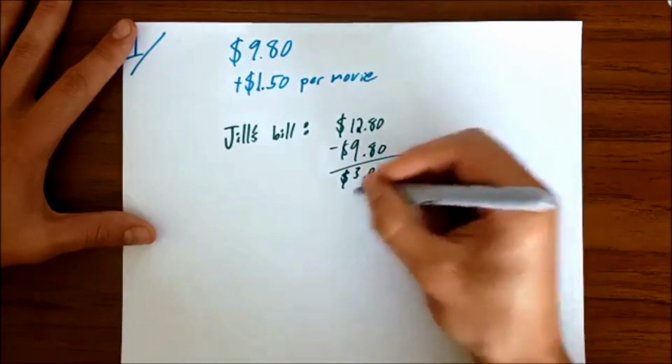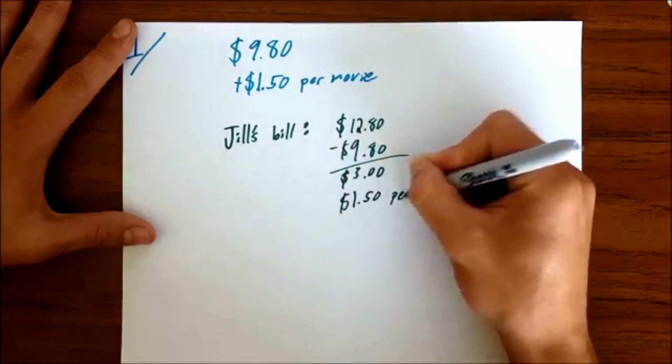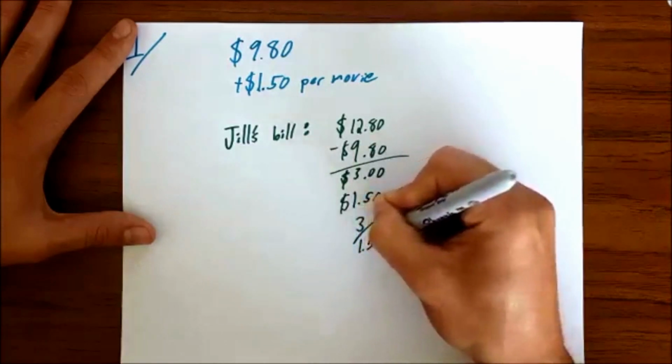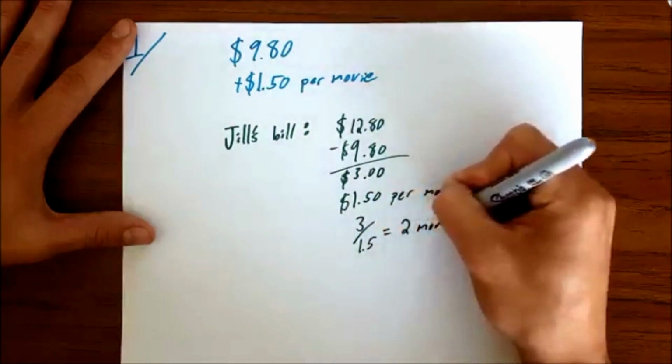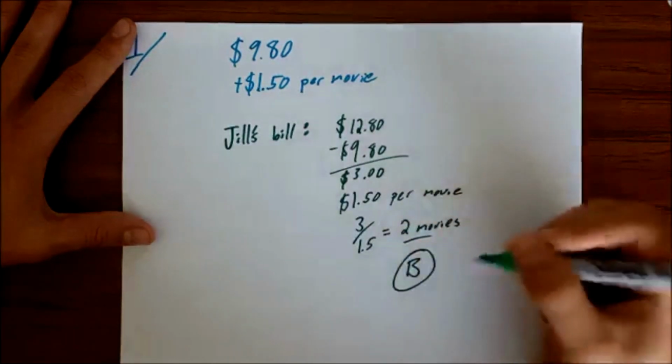So she has $3 left on her bill, and it's $1.50 per movie. So what you do is 3 divided by 1.5, which is 2 movies. So that's the answer, 2, which is option B. Alright. Now, let's go on and do number 2.